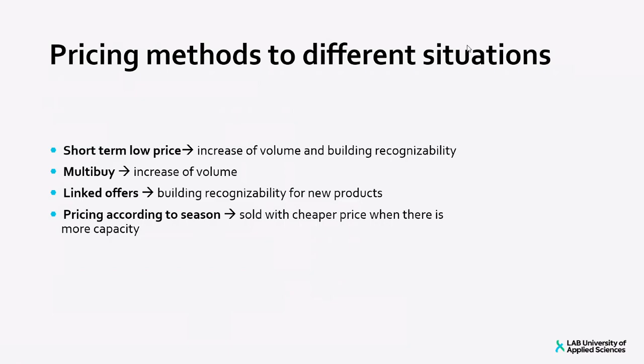Naturally, this also applies to not only fruit, but for example plane tickets. The more extra capacity there is, the cheaper the price is. For example, during the pandemic, there were a lot of hotels giving big discounts due to the fact that they didn't have business travelers.